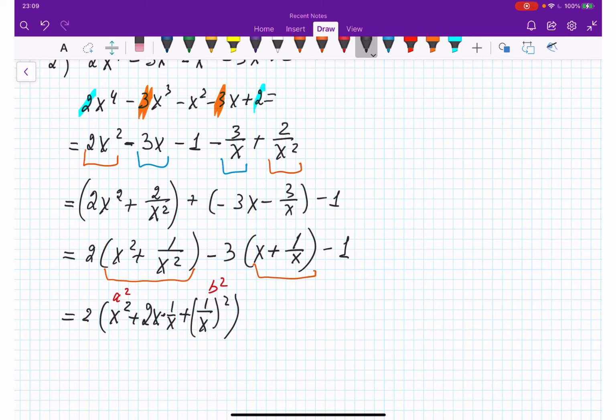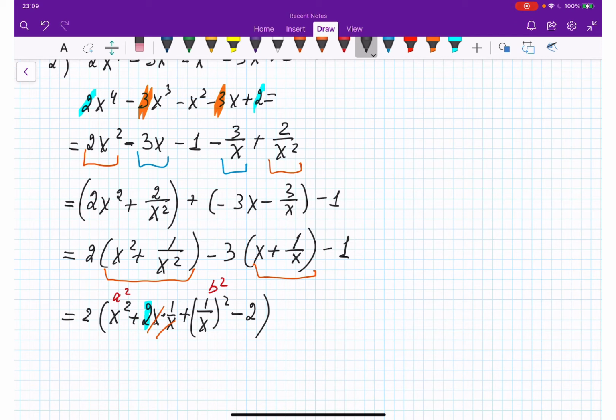So this x will be cancelled with this x. But what happened here, I added 2. Since I added 2, I need to also subtract 2, correct? Not to disbalance the parentheses.